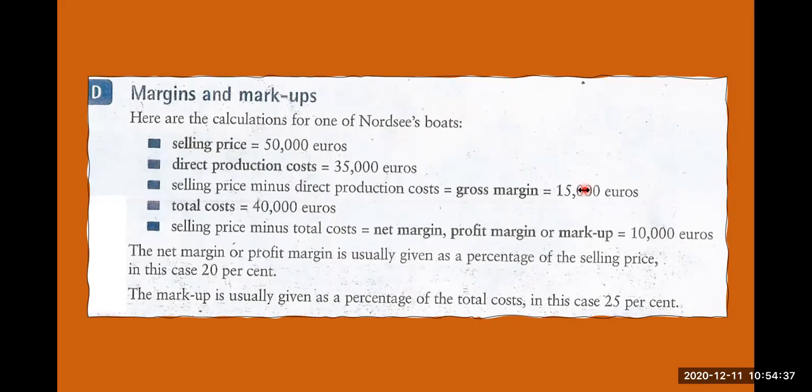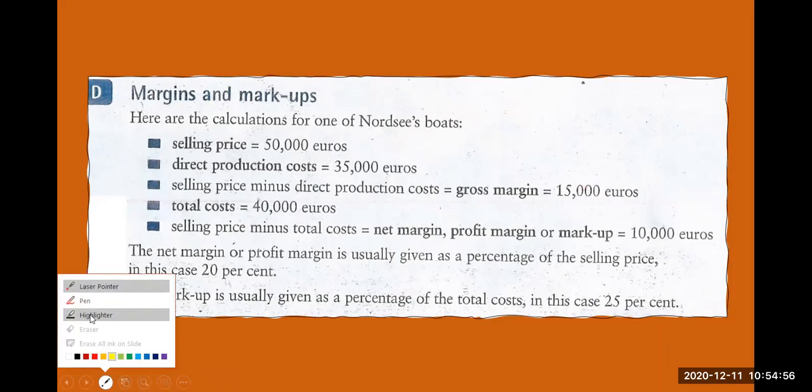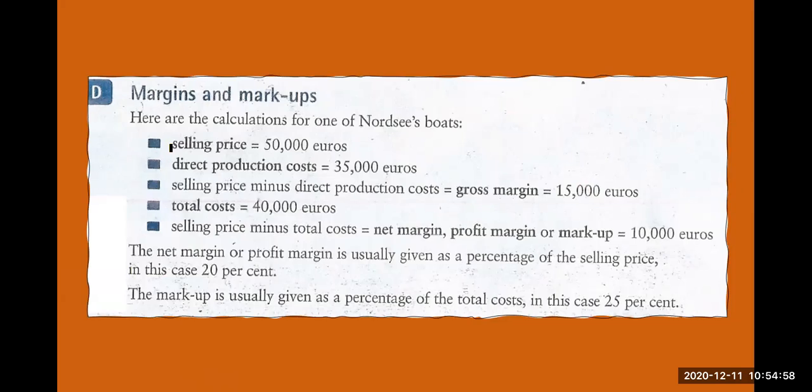Margins and markup. Here are the calculations for one of the Nordic folks. Selling price, 50,000 euros. Direct production cost, 35,000 euros. Selling price minus direct production cost: gross margin, 15,000.